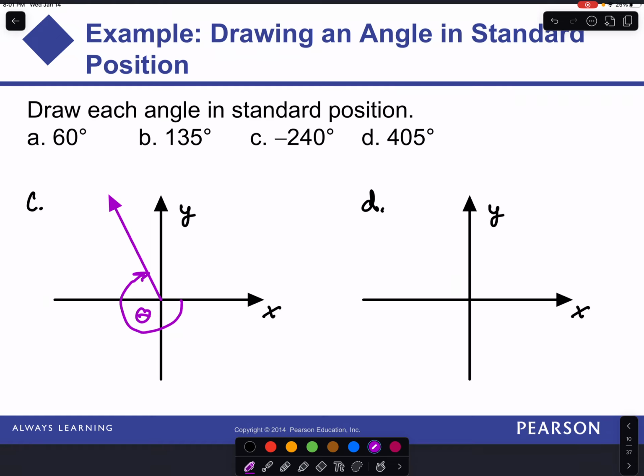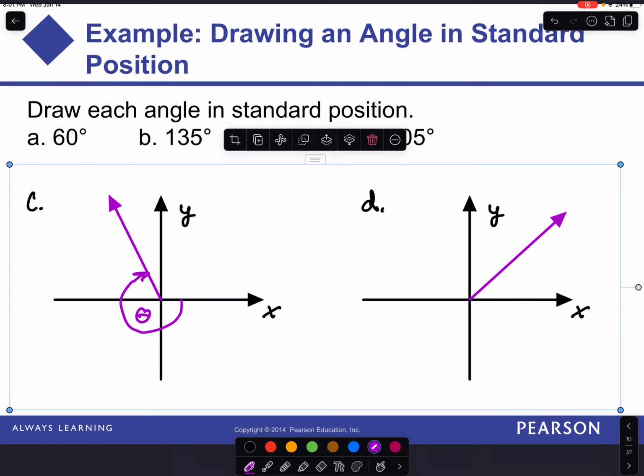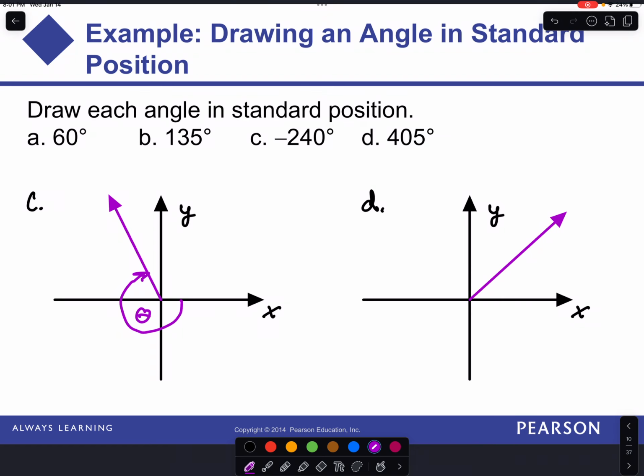And then 405, so we do a full 360, and what's left over? 45 degrees. So that should put us in quadrant 1. And our theta, we started here, we did a full rotation, and then we finished here. Again, that's our theta.